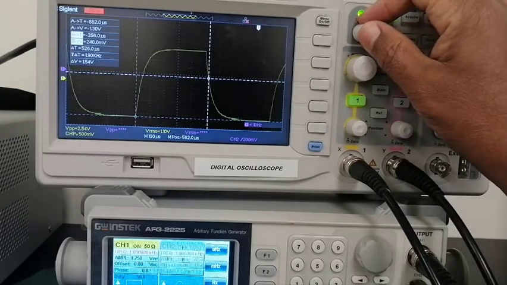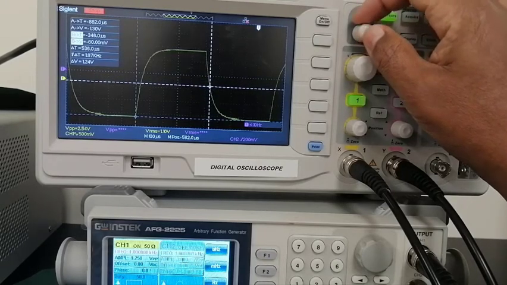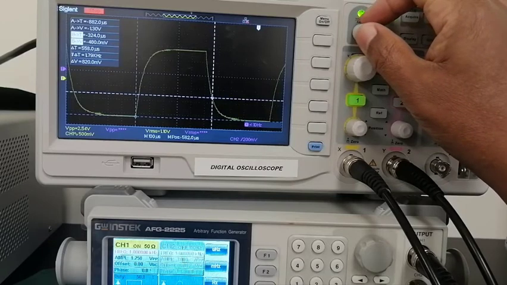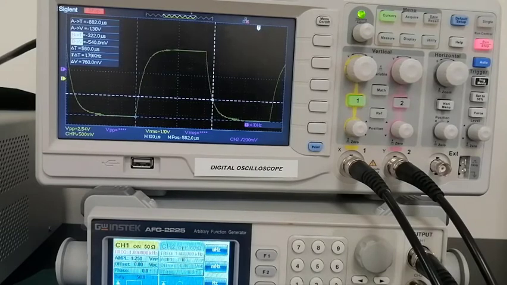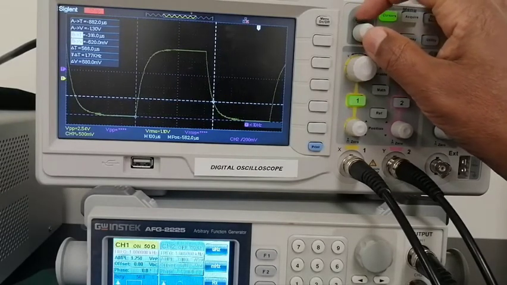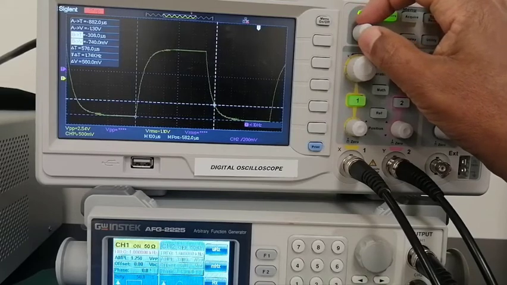Then I'm going to measure when the delta of time is 560 microseconds. It shows 760 millivolts. The capacitor is now discharging. Now I'm going to show 580.